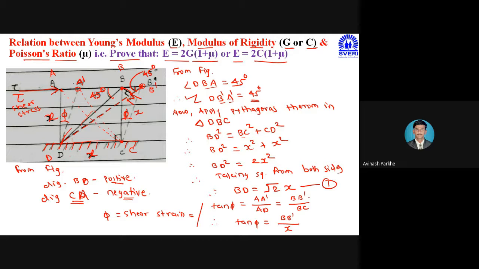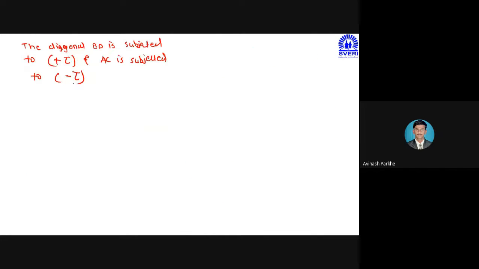But due to the same stress, diagonal AC is under compression, which is negative, means there is a decrease in dimension. So diagonal BD is subjected to positive shear stress, and diagonal AC is subjected to negative shear stress. Some amount of strain is induced along diagonal BD as well as in diagonal AC.